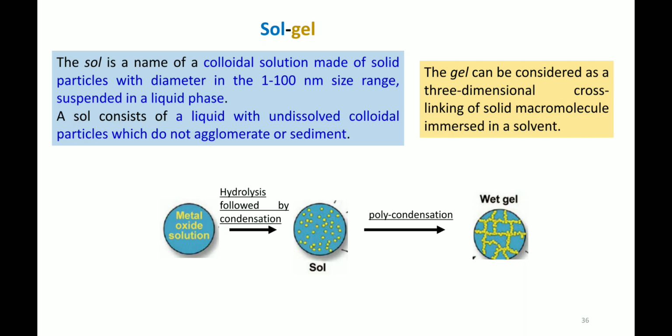So here a schematic representation is shown where there is a metal oxide solution, followed by hydrolysis, followed by condensation, and then what you are getting is the formation of Sol. This is the stage where the initial precursors first get hydrolyzed, and then they condense, and what we get is nothing but the Sol.